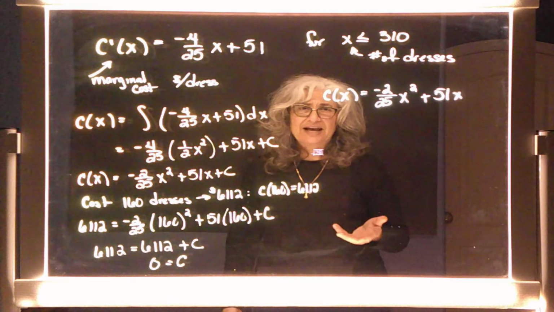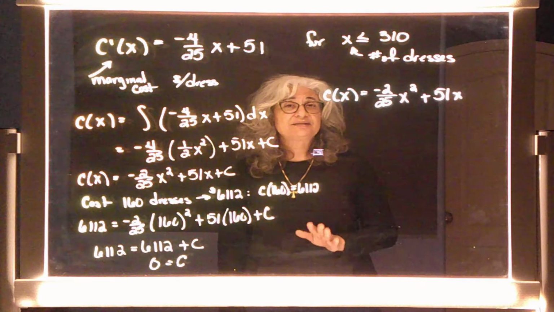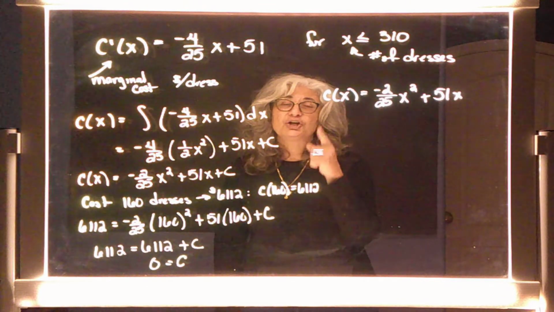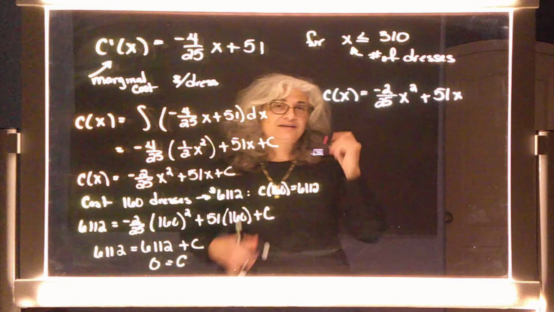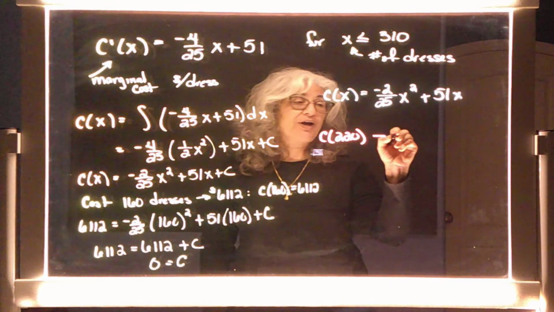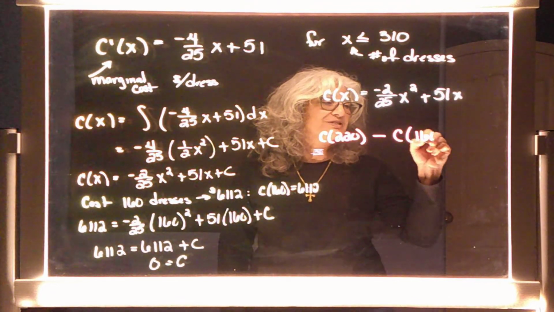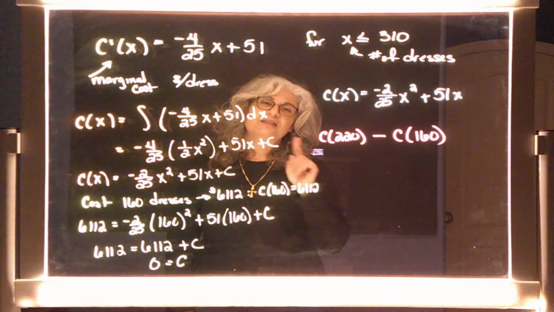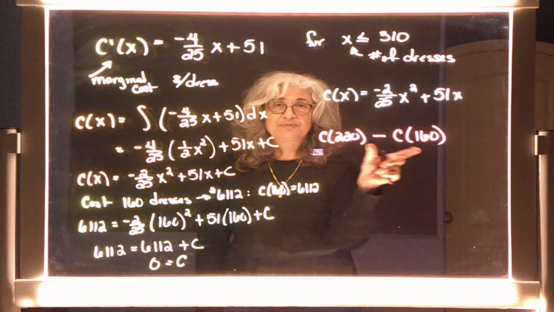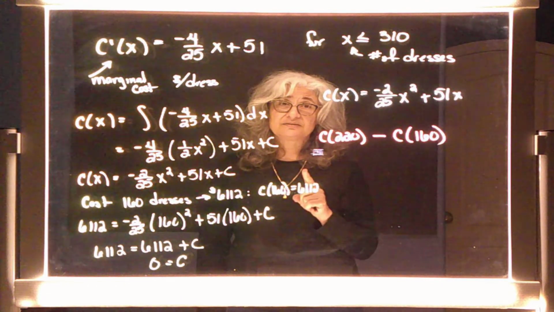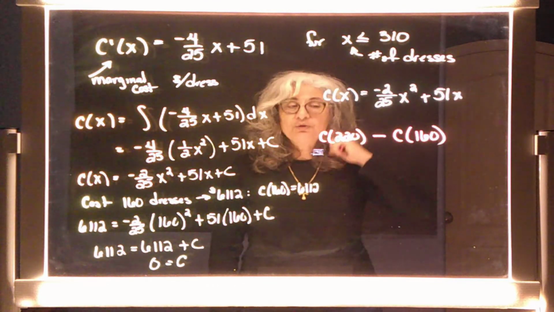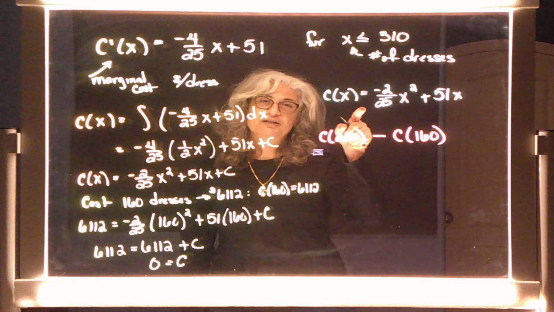So some of you are like, well, then how do I do it? It's actually quite simple. You are going to subtract, yes, but you're going to take the cost at 220 dresses and subtract the cost of 160 dresses. That's what's going to give you the cost of the 60 dresses in between. Got it? Okay, so you have to plug in 220 into the cost function.